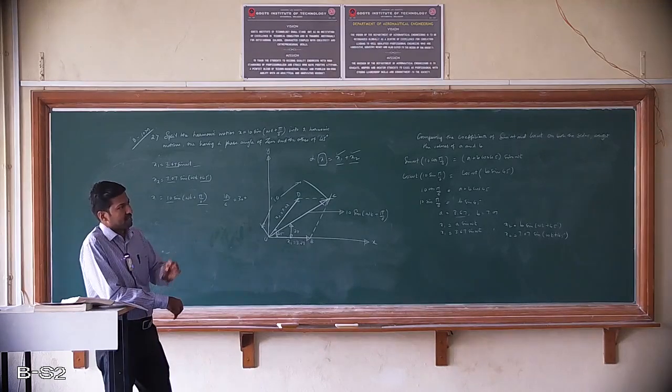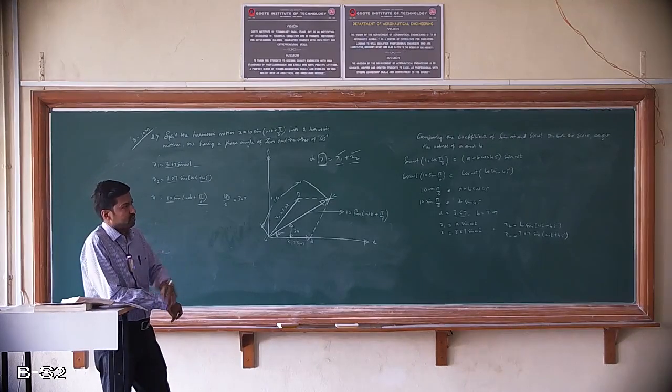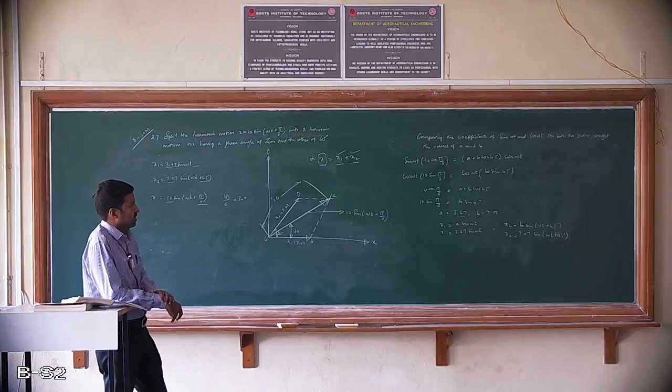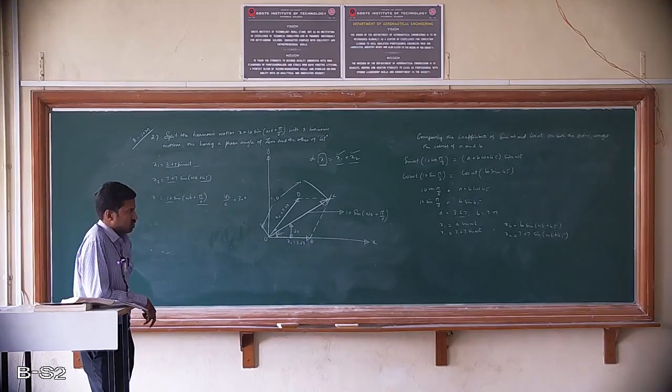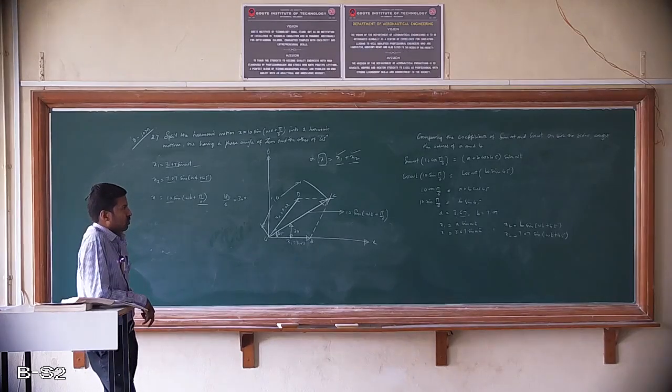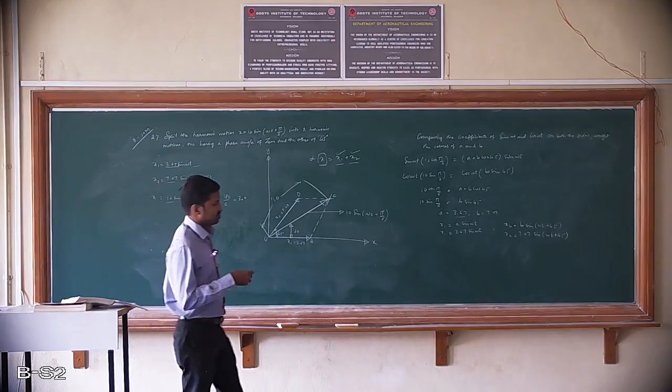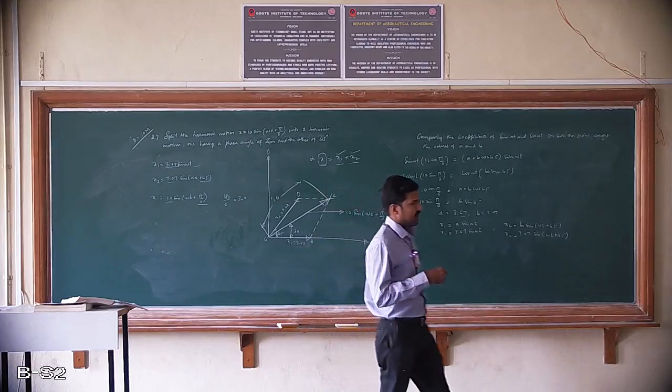So this completes one bit of this chapter, and the next bit is completely different. That is where we are going to make use of the equations of motion, and find out the natural frequency of any particular system. For that, 3 methods are there: energy method, Newton's method and Rayleigh method.